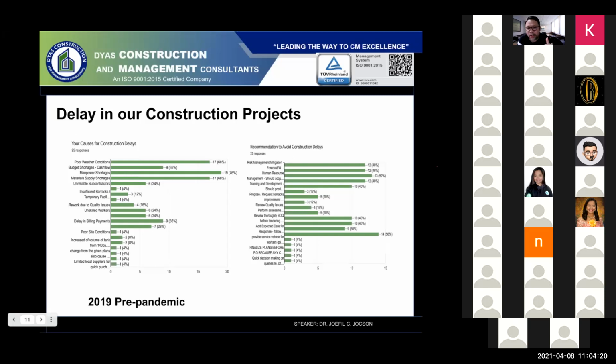Baka may mga glitch lang, no? Baka may mga glitch lang doon sa billing process. So yun ang dapat na malaman natin. Okay? So in the form of service level agreement. Okay? So second is human resource or your hiring represented by 52%.